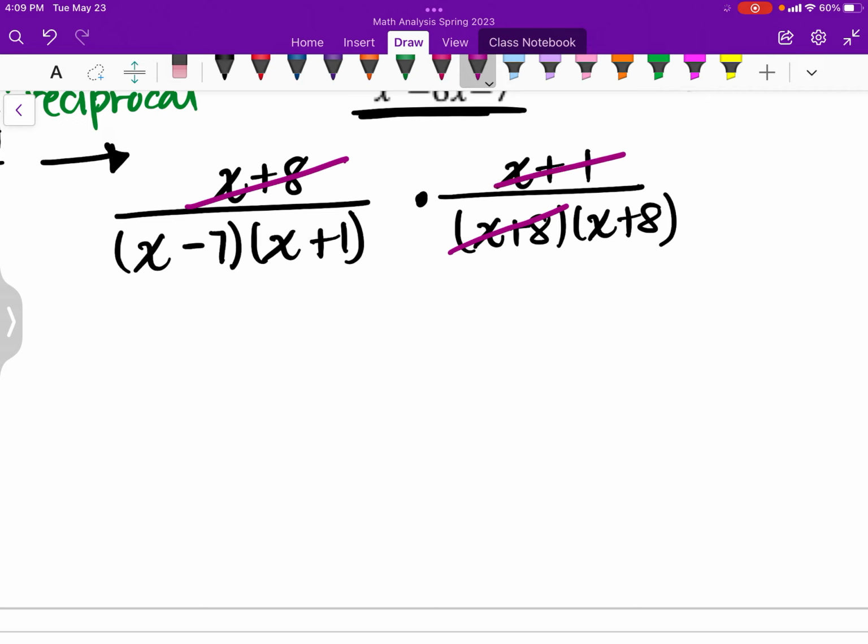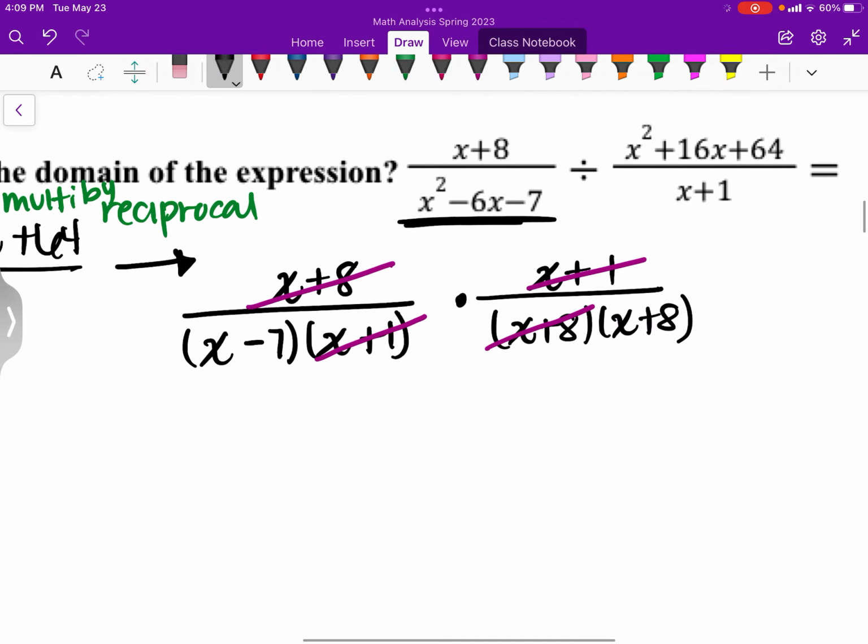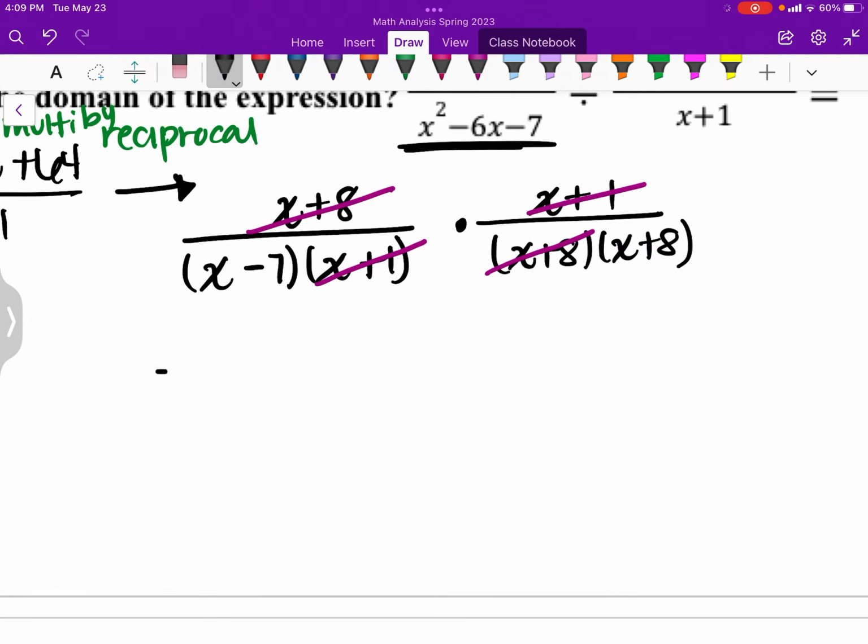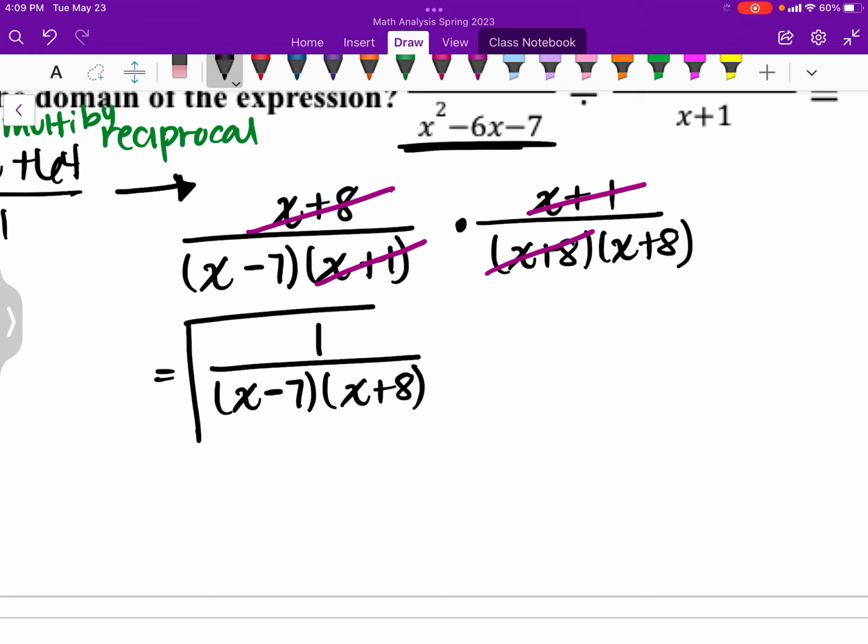We also have the x plus 1 and x plus 1 being repeated there. So in this case, what we're left with is 1 over x minus 7 and x plus 8, right? So that would be the simplified form.